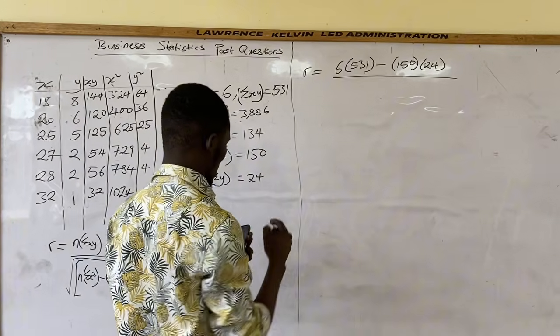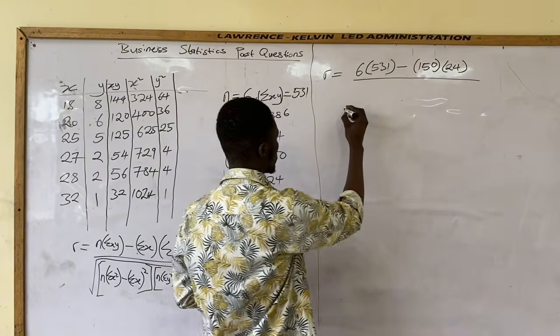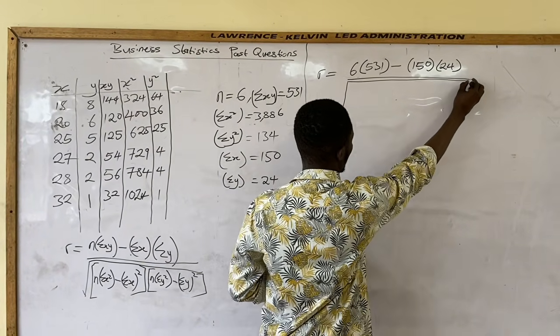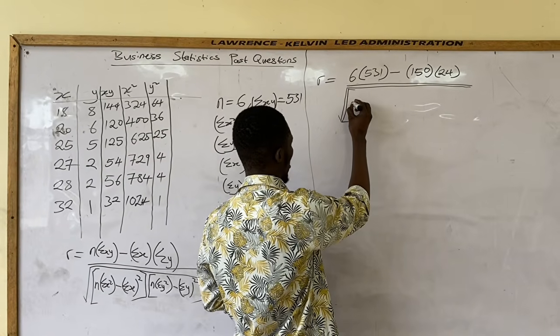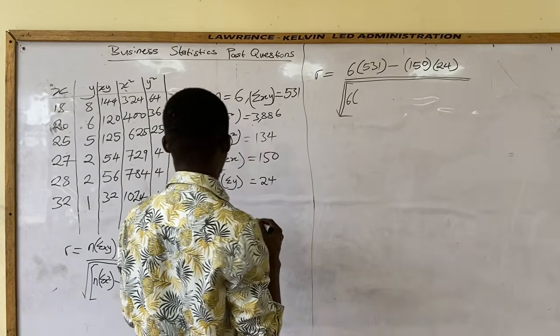Okay, now let's come to the denominator. For the denominator, we have our square root, then you open your first bracket. Our n is 6 multiplied by sigma s squared.